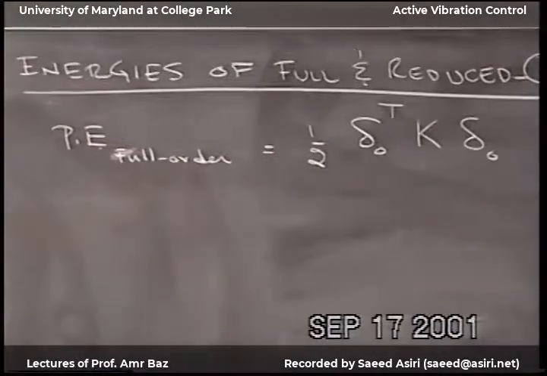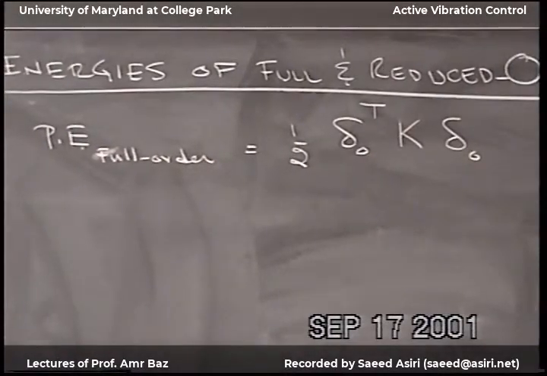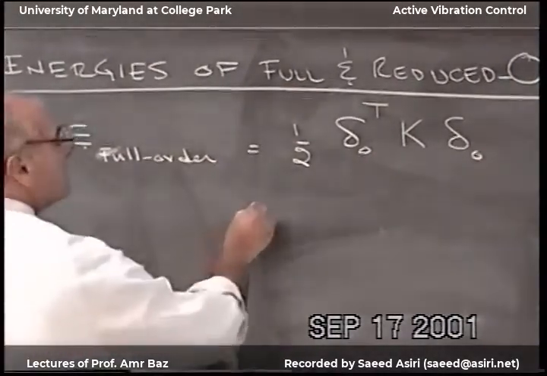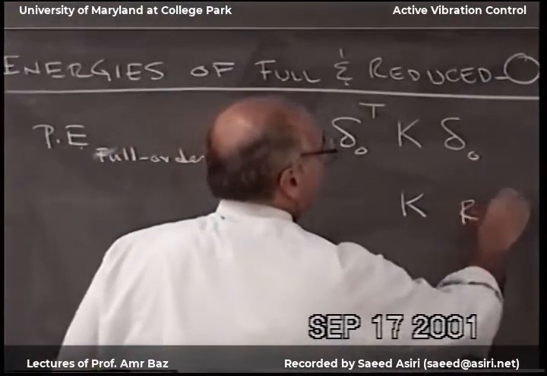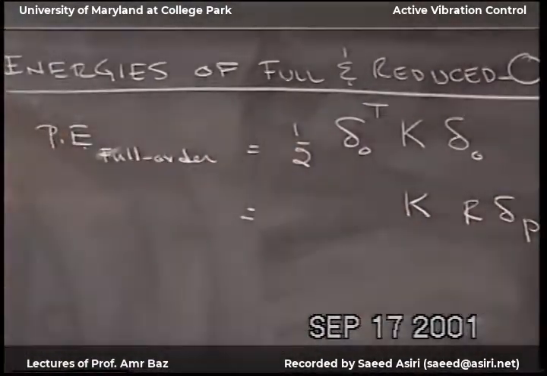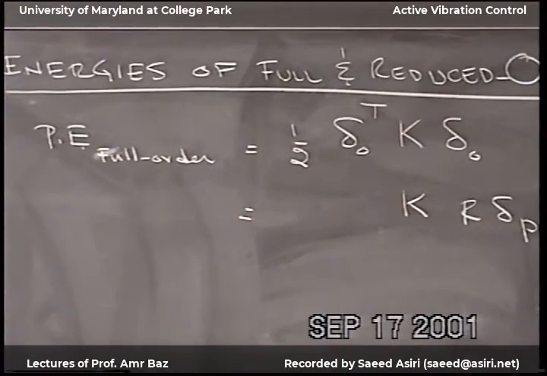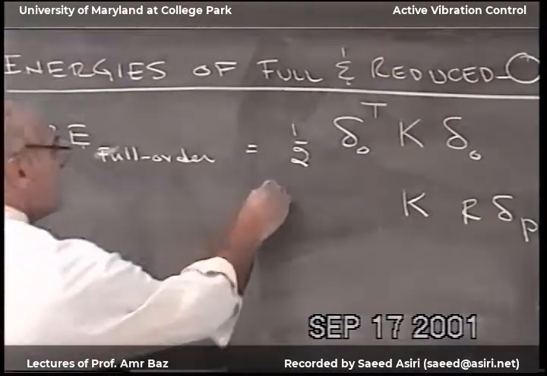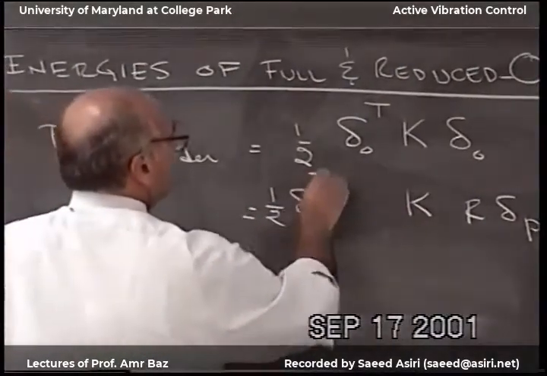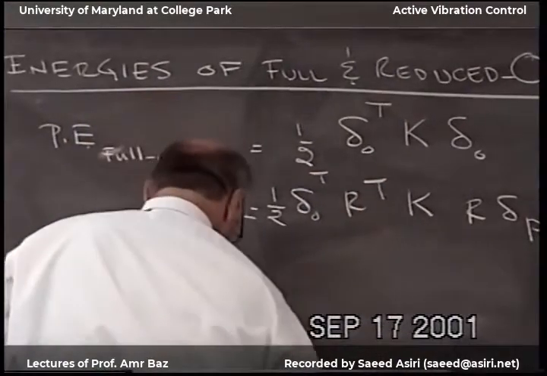I'm going to replace delta 0 from here with R delta P. This is R delta P, and then the delta transpose will be the transpose of this. So this will be 1/2 delta 0 transpose, R transpose.